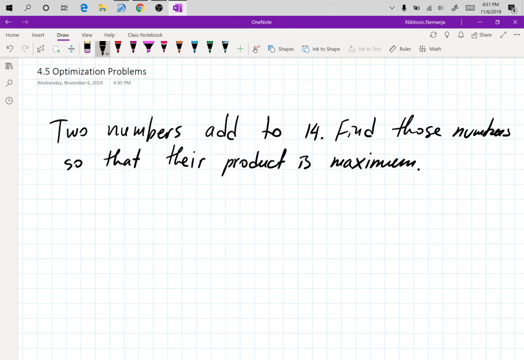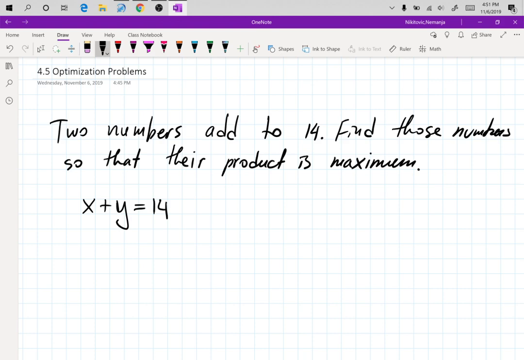We have two sentences. Sentence number one sets up that we have to add two numbers and get 14. How would you write that mathematically? Translating English into math. Perfect. X plus y equals 14. You can use A and B, you can use M and N, you can use X and Y, whatever you like. It's x plus y equals 14, and that's the sentence the two numbers add to 14, right?